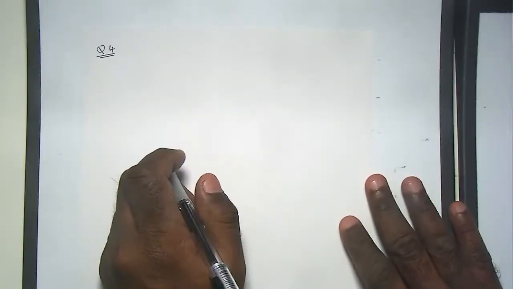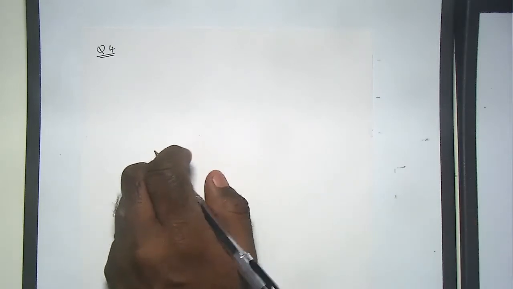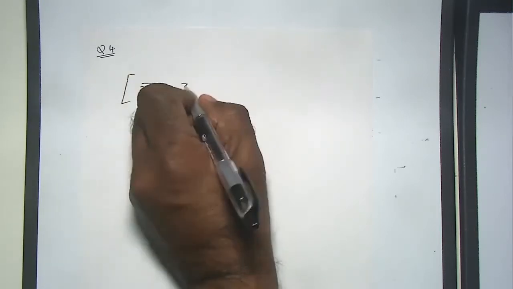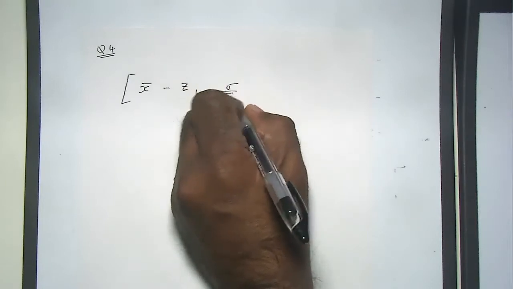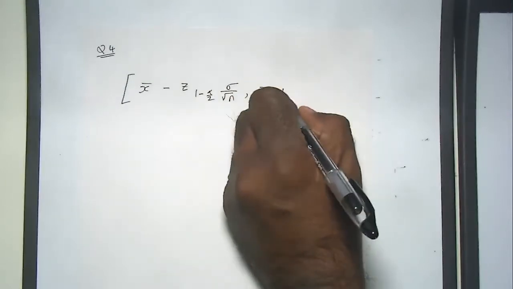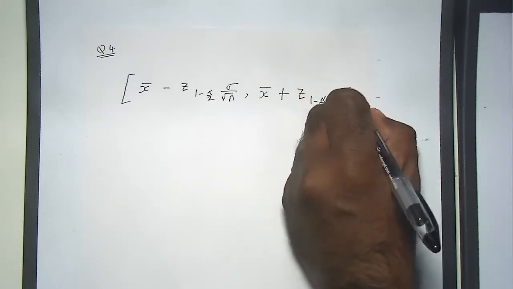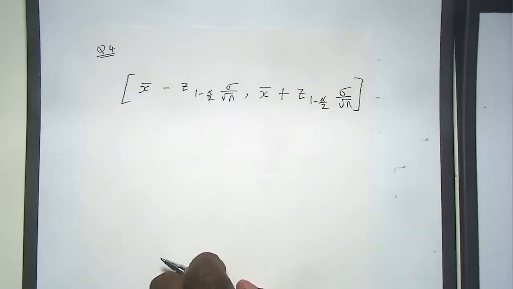Right, what you're told is that when sigma squared is known, the confidence interval is this. This is the confidence interval when sigma squared is known, right?